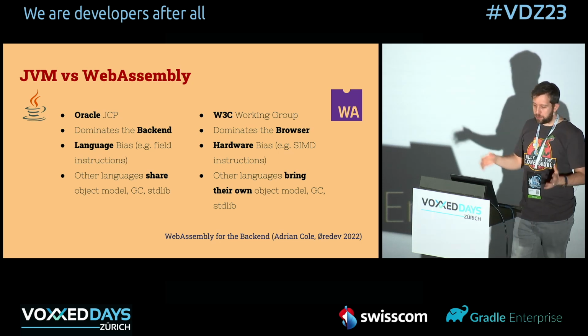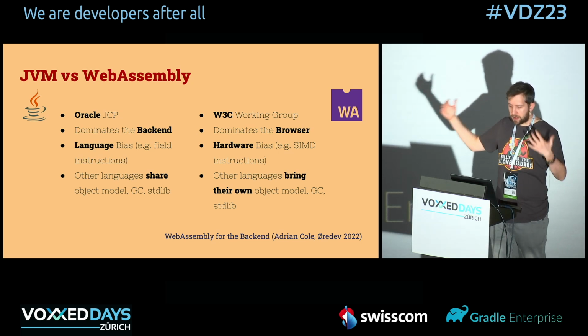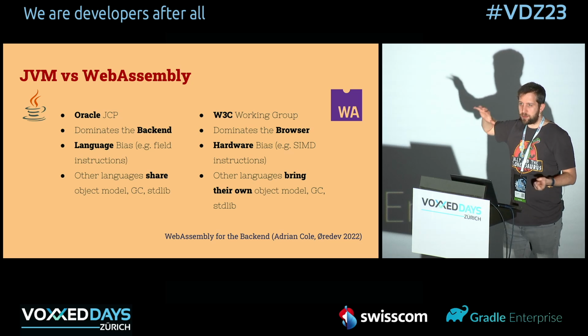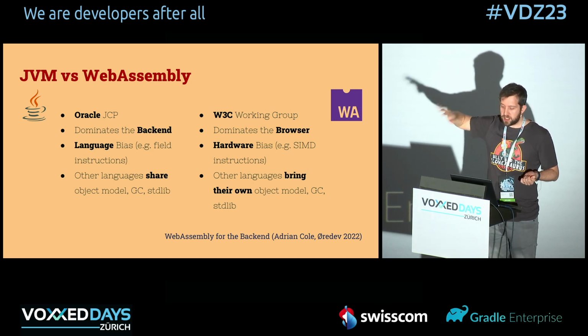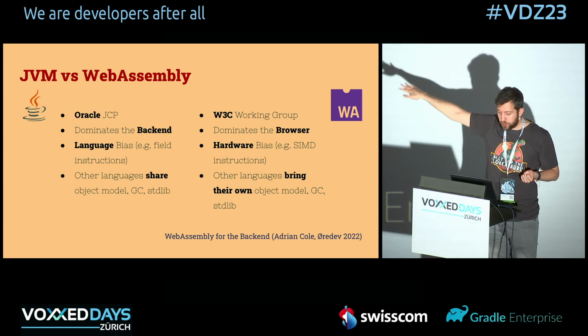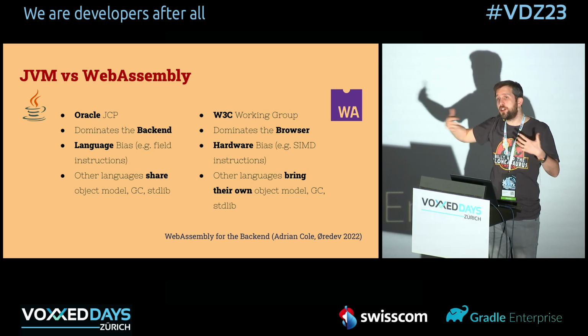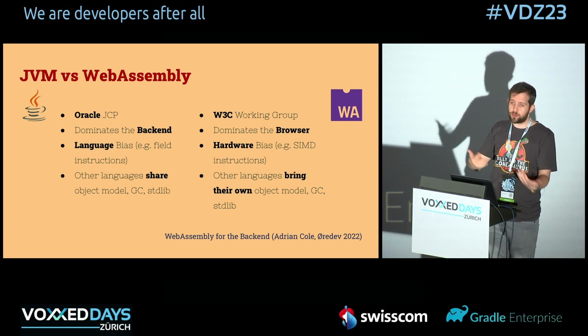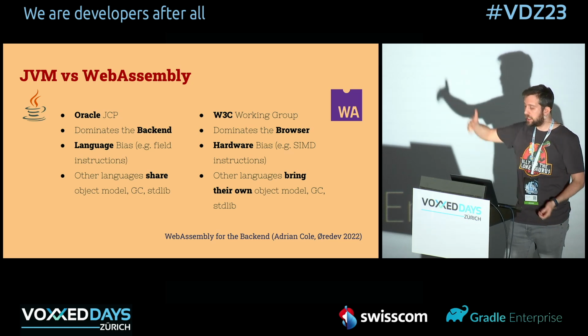Well, this is a brief comparison between the JVM and WebAssembly. Basically, WebAssembly is more biased towards hardware, and there's no standard library so far, so every language brings its own language model and library.